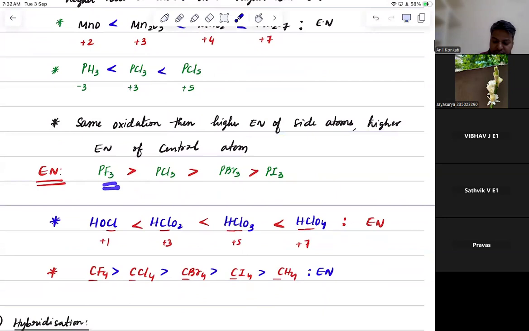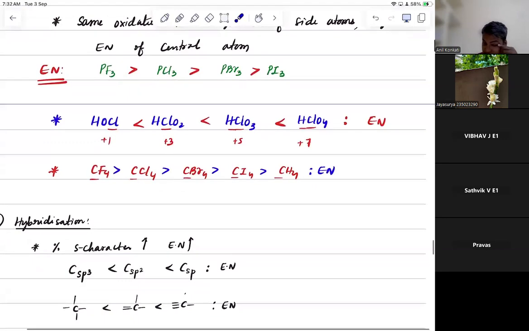Fluorine is strongly withdrawing, so this phosphorus will have more electronegativity compared to the phosphorus here and here. From HOCl to HClO4, this chlorine has the highest oxidation state, then this one, then this one, and then this one. CF4 will have more than CCl4, CBr4, CI4 and CH4.